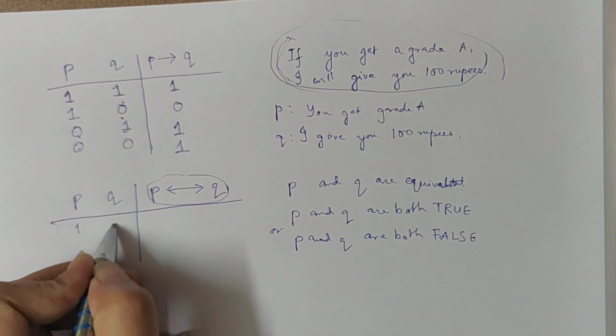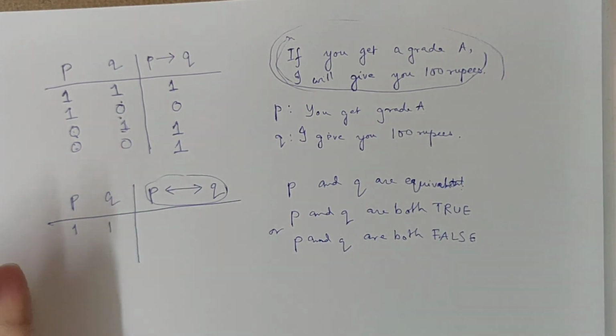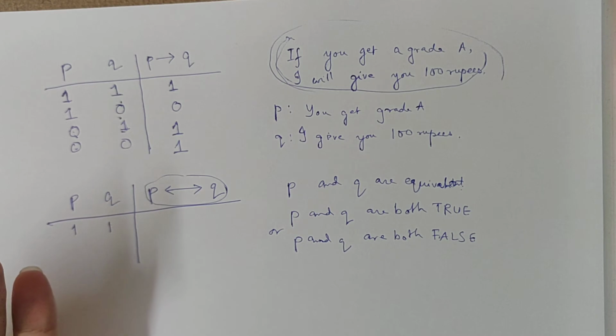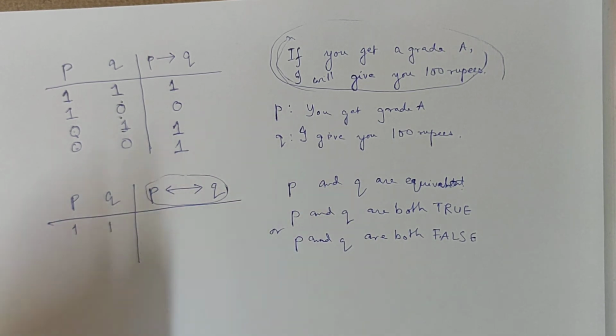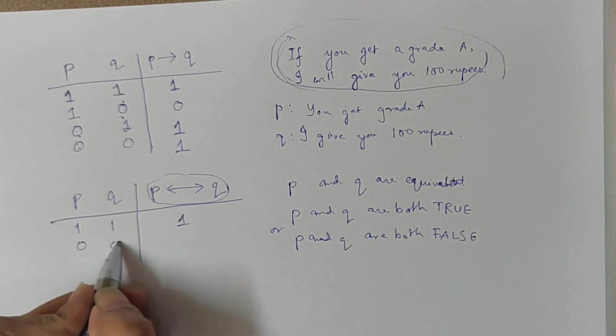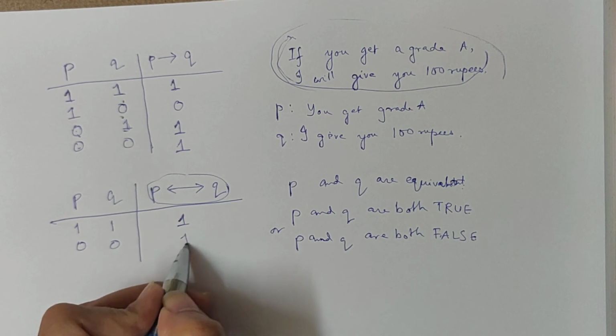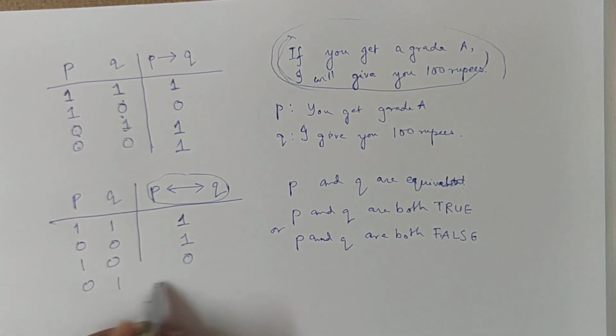Only then can two sentences be said to be equivalent, right? Because one of the sentences being true implies the other being true also, and one of the sentences being false means the other sentence is false also. That is what equivalent means. So both true, this is true. Both false, this is true. All other conditions false.